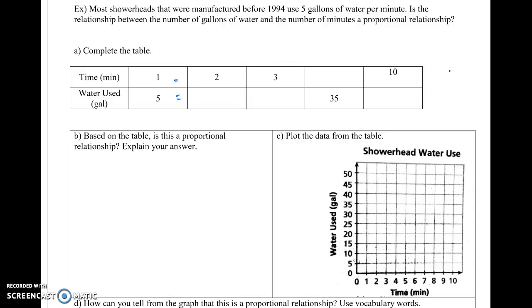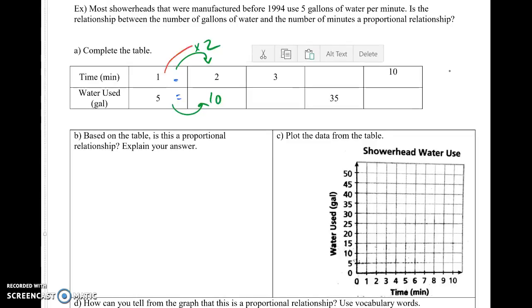So to go from 1 to 2, you have to multiply by 2. 5 times 2, that's 10. 1 times 3, 5 times 3, that's 15.